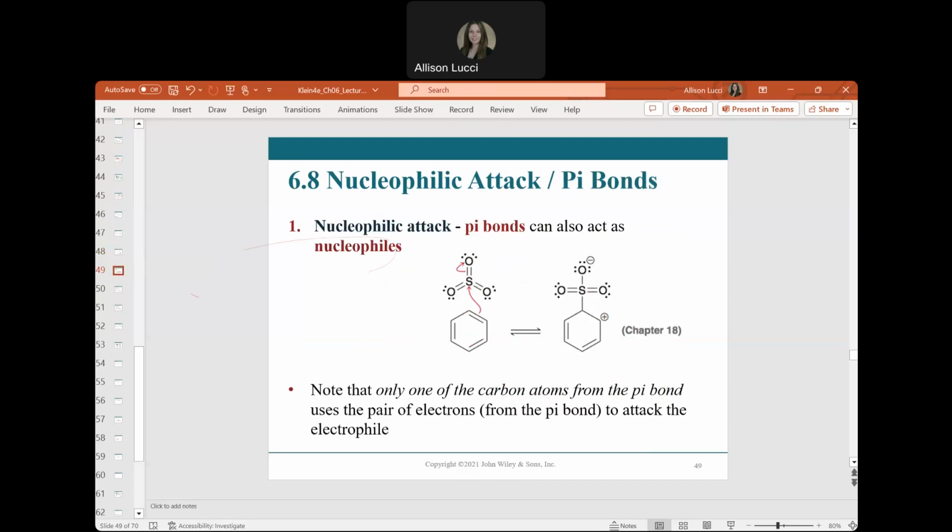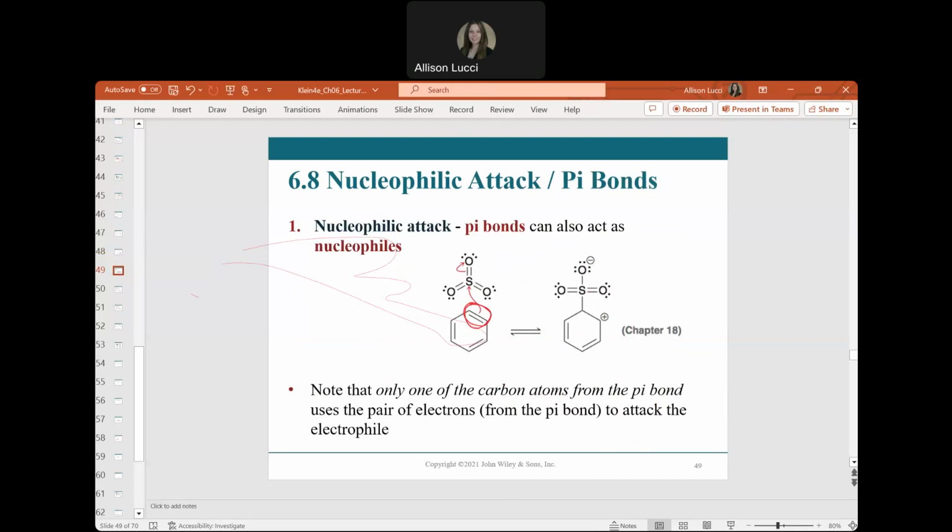So in this last example here, we have a pi bond, which is our site of electron density. So this pi bond is where the tail of our arrow begins, and then it goes towards this sulfur atom, and again through this electron withdrawing group, this oxygen.